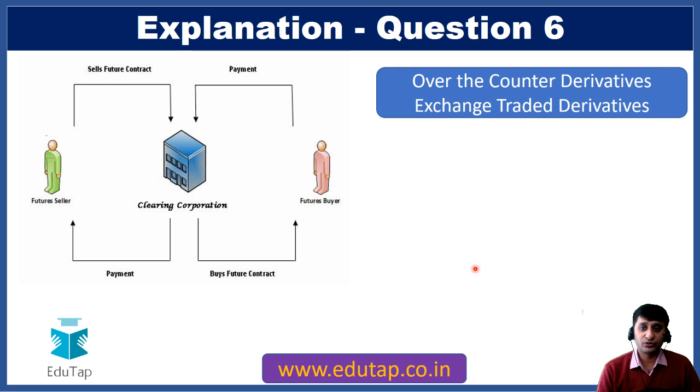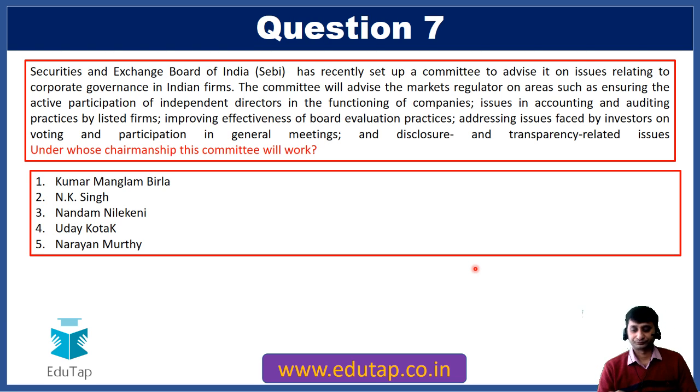Now let's come to question number 7. Question number 7 is basically a lengthy question that you can read, but what you need to understand is that SEBI has recently set up a committee to address corporate governance in Indian firms. Now when they are saying recently, it is recently when the exam was held.